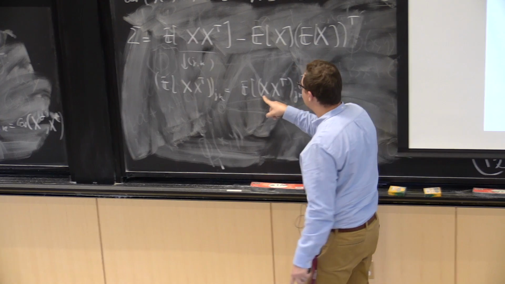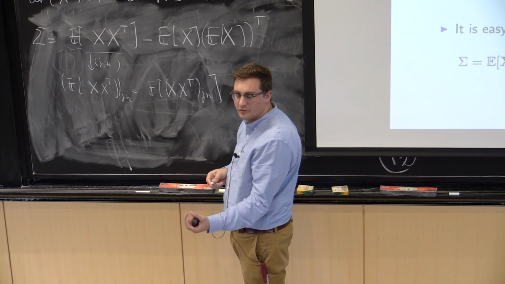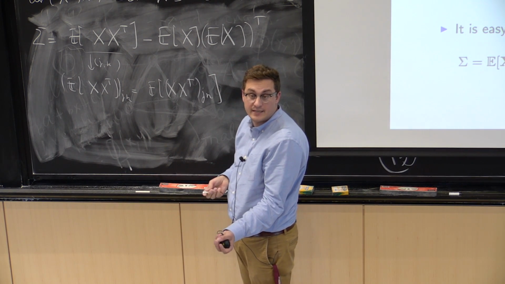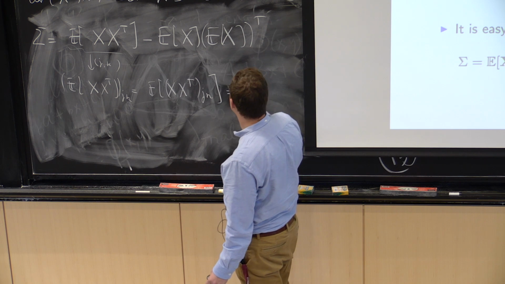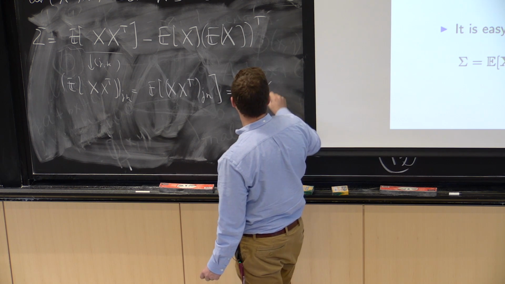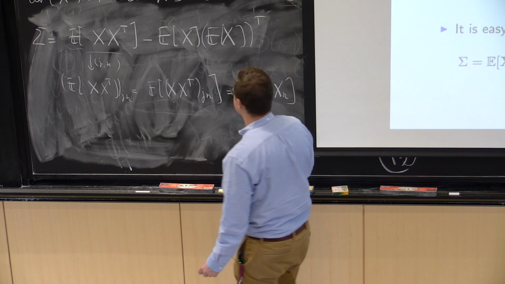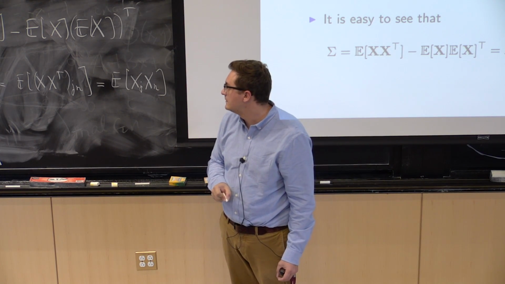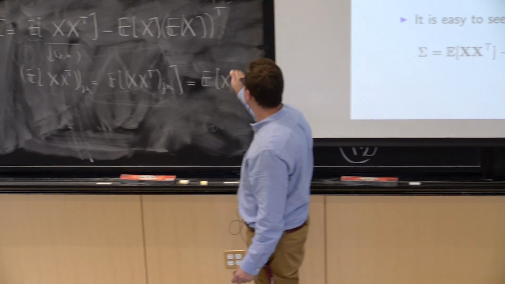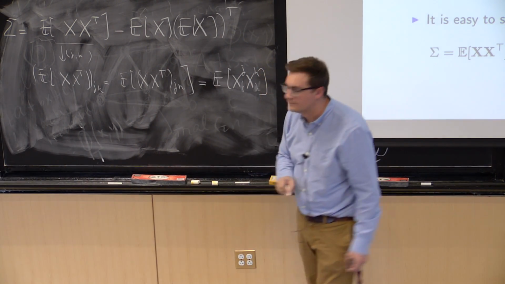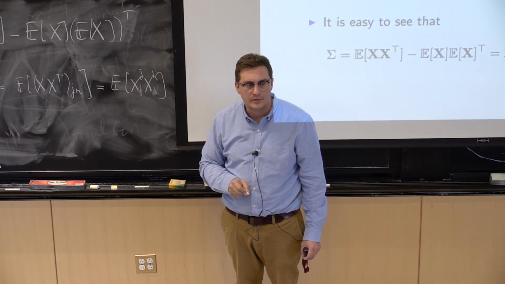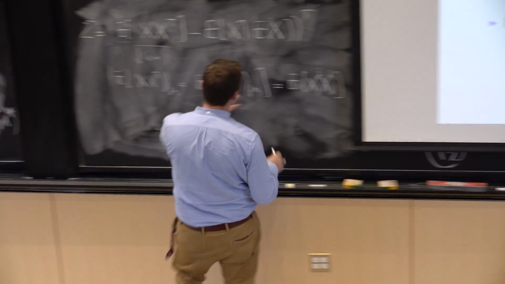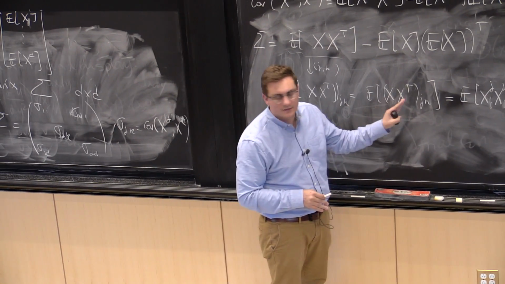And what are the entries of x x transpose? Well, they're of the form xj times xk exactly. So this is actually equal to the expectation of xj times xk. OK? Is that clear?